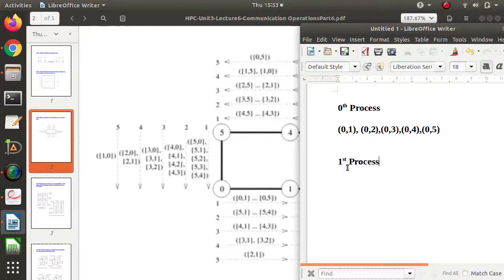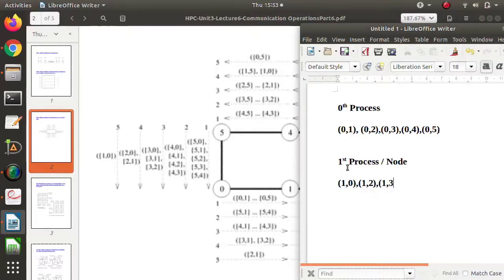Which messages will it have? Now see: the first number is the source, the second is the destination. It will have 1,1, but it will keep that message to itself, so we'll neglect that. So 1,2: 1 is the source, 2 is the destination.